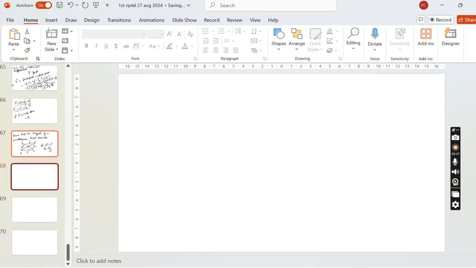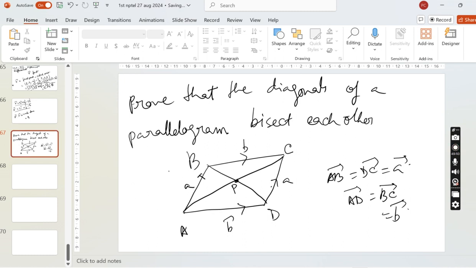Okay, so here in this parallelogram, AP is a vector, BP is also a vector, PC is a vector, PD is a vector. So from this diagram we can see that BD plus a is equal to b.